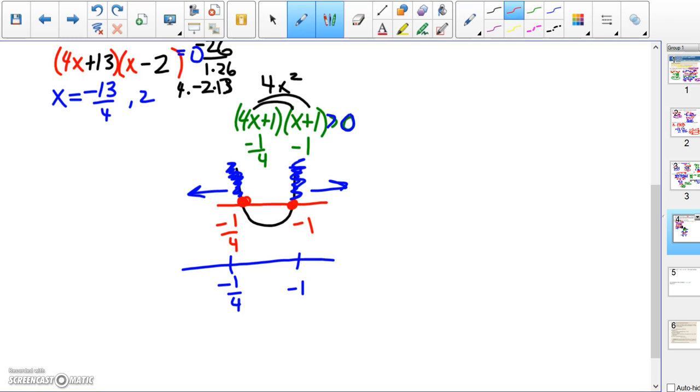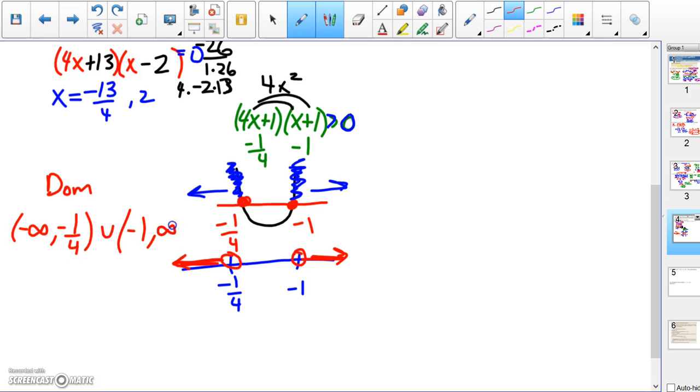We would have open circle, arrow to the left, open circle, arrow to the right. That would be the domain. The domain is going to be from negative infinity to negative 1/4, unioned with from negative 1 to positive infinity. Okay, that's the domain. If you look at those numbers, negative 13 fourths is negative 3.25.